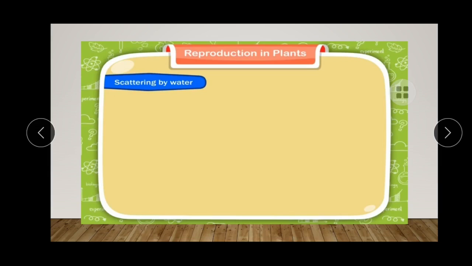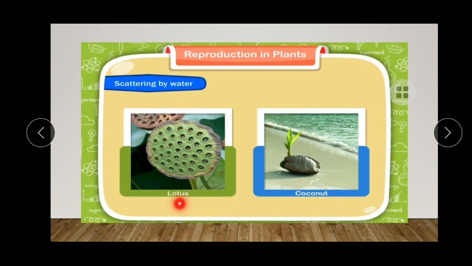The next is scattering by water. Here, the seeds of lotus and coconut. Coconut has a very thick cover of fiber which helps it to travel thousands of kilometers across the sea without decaying, as it floats and is carried away.